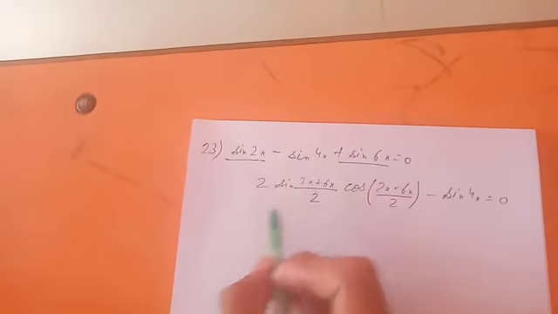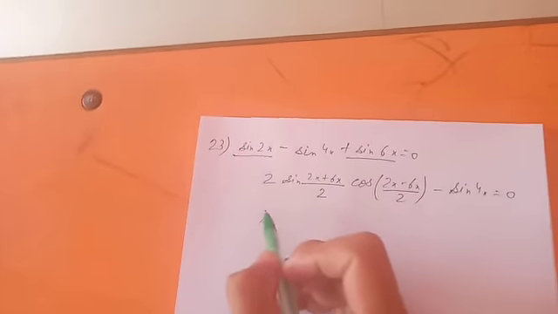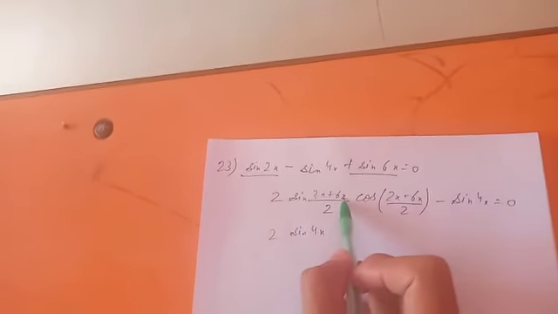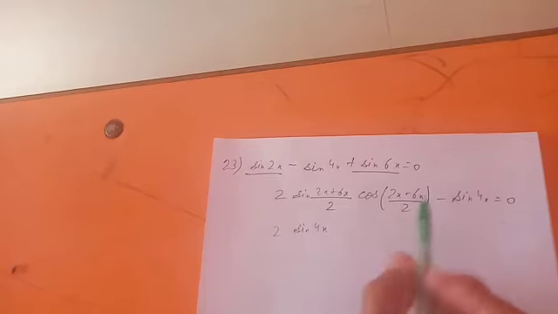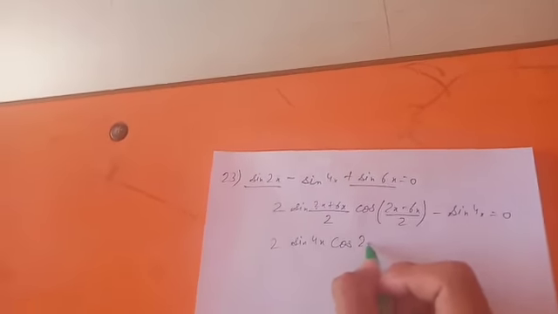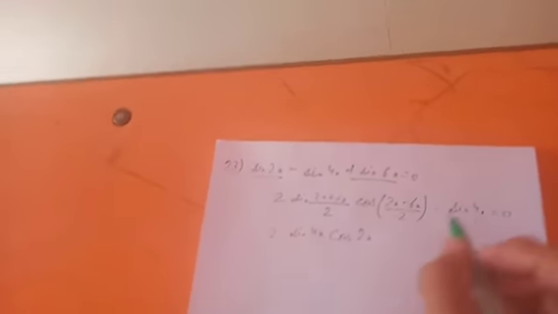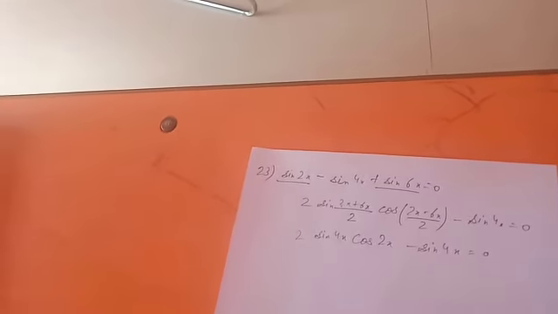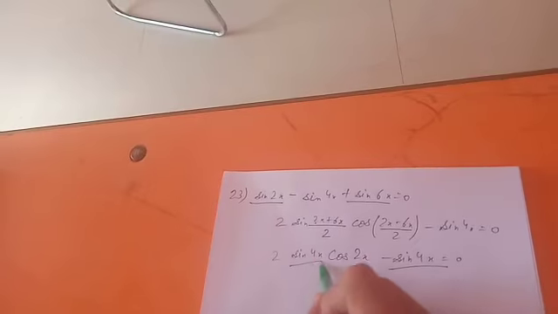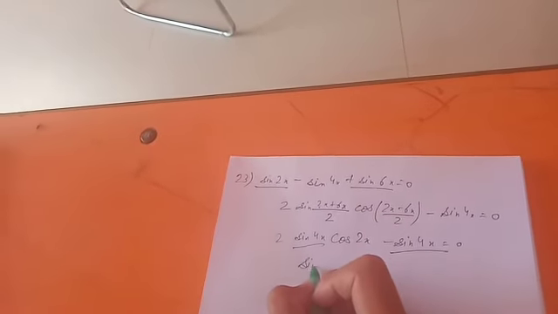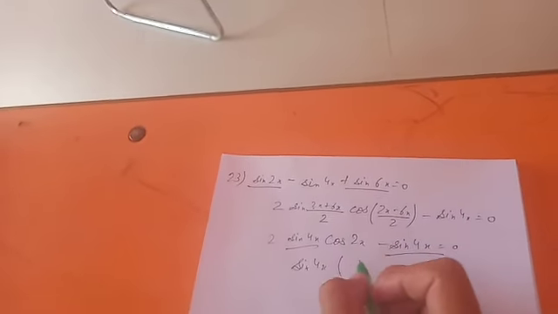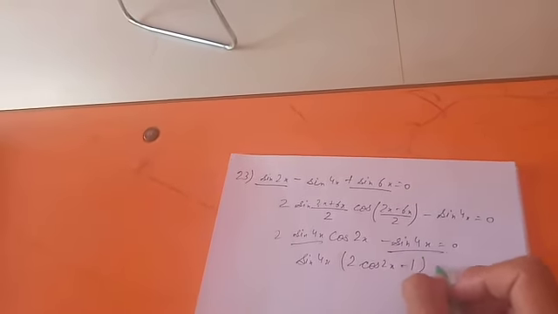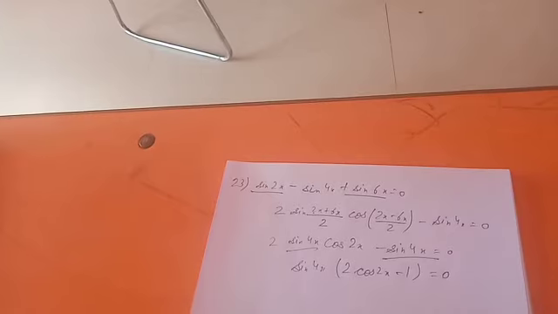So I get 2 sin 4x cos 2x minus sin 4x equal to 0. Now I can take sin 4x common, so I get sin 4x times (2 cos 2x minus 1) equal to 0.